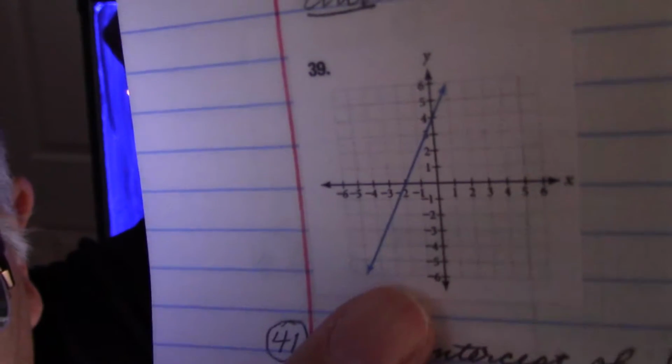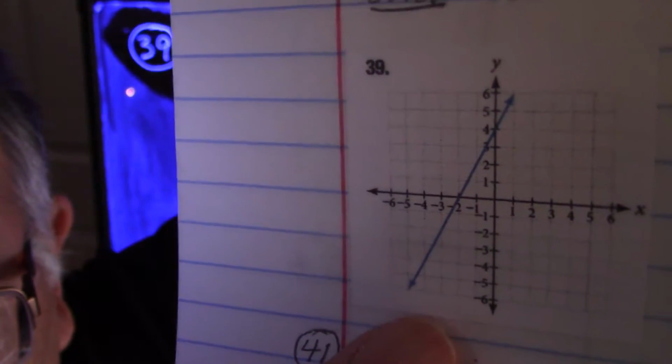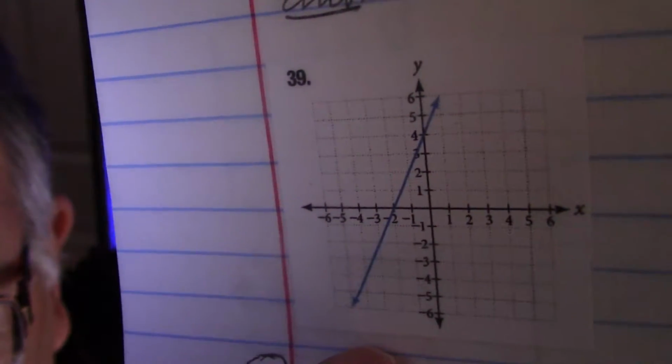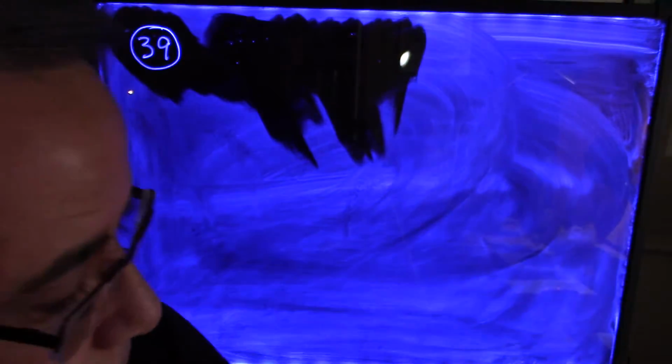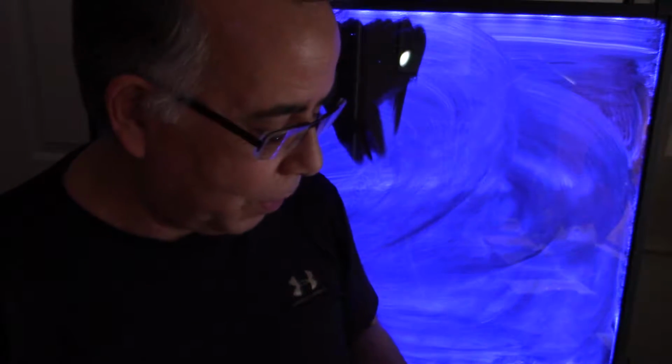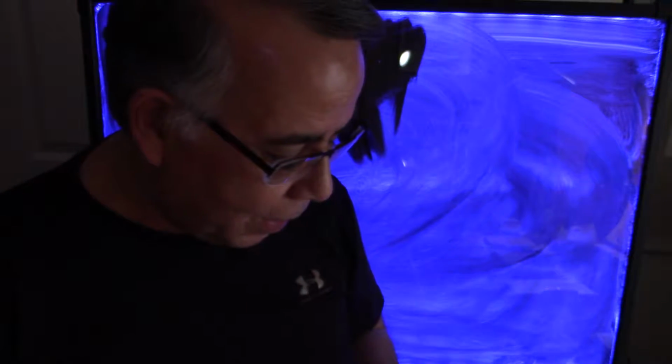Alright, so here's a picture. That would be pretty easy to draw. Just connect the dots. And that's the graph of the equation y equals 2x plus 4.